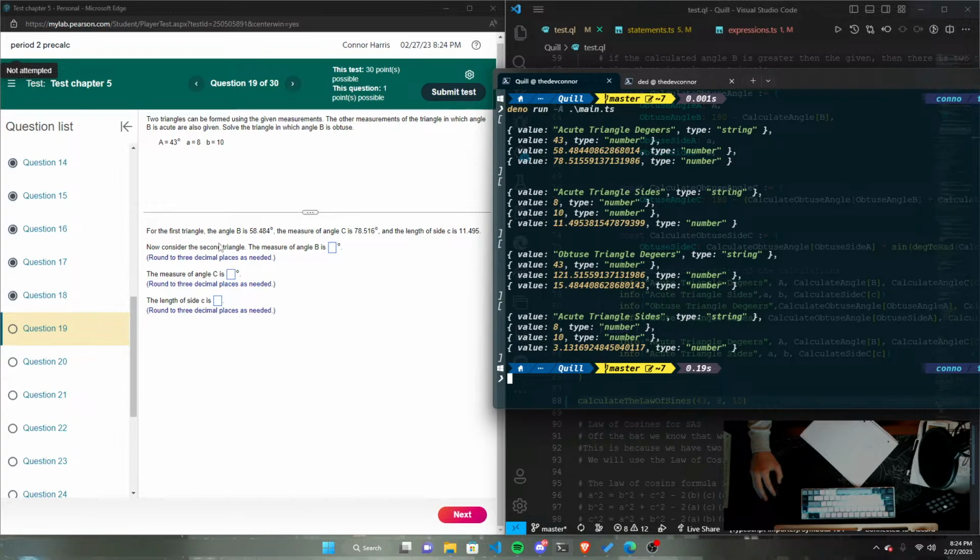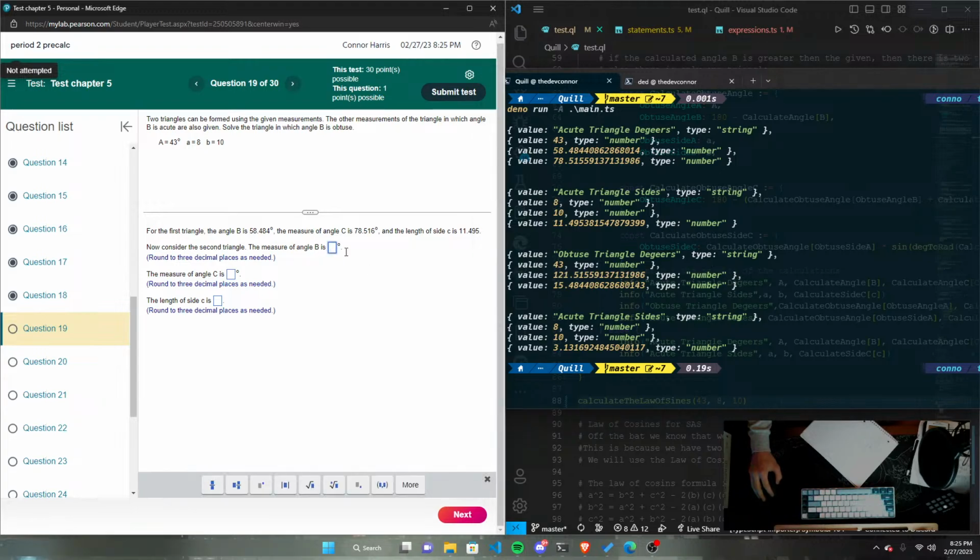So now, consider the measure of angle B. We're given A, so we need to solve for B, which would be 121.516 because we need to round.